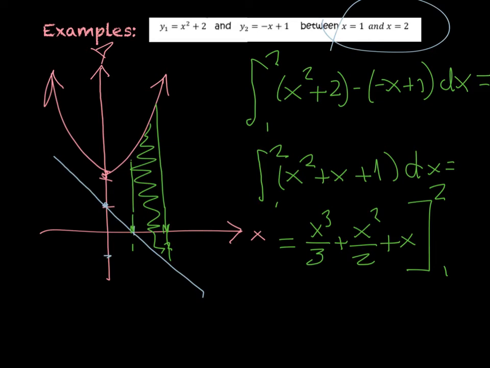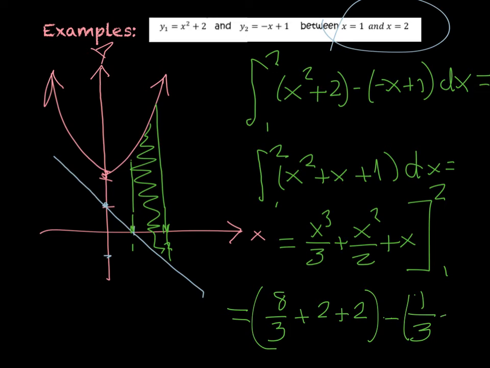By substituting the upper and lower limits of integration, we will have that x cubed, it's 2 cubed, so it will be 8 thirds plus 2 plus 2 minus 1/3 plus 1/2 plus 1.